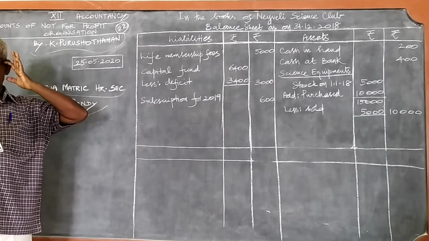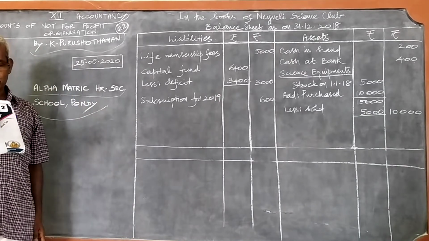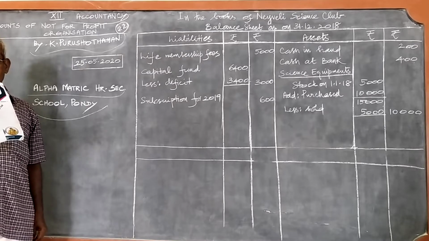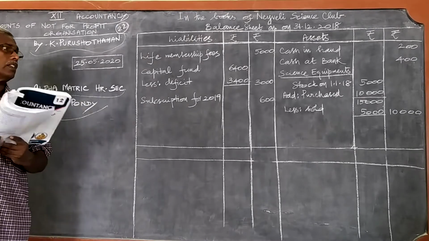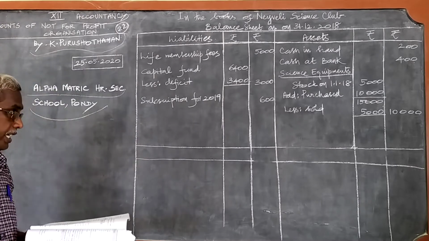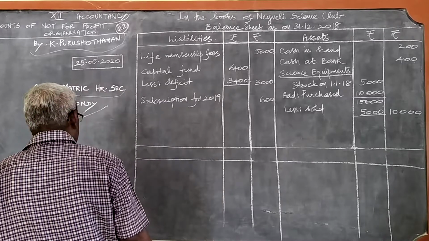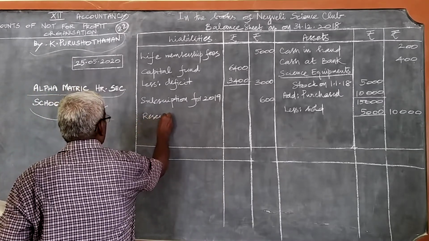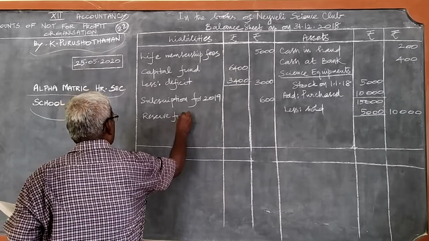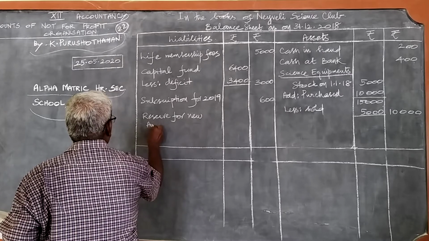And the last one is surplus on account of exhibition should be kept in reserve. Therefore, reserve for new auditorium.